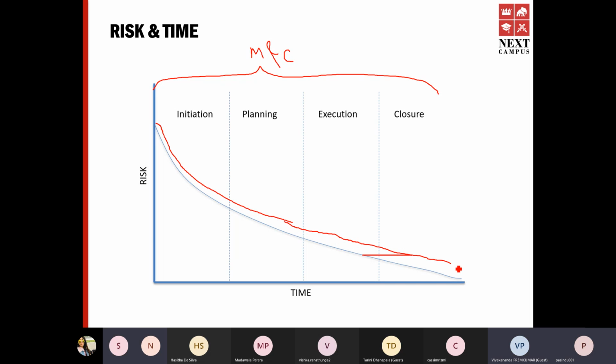Yes. Yeah. So this graph is theory, but what is the application for your life? If you are a project manager handling a project, you need to be very careful during the initial stage, because that is when you have the highest risk to the project. The client can pull the plug anytime easily.